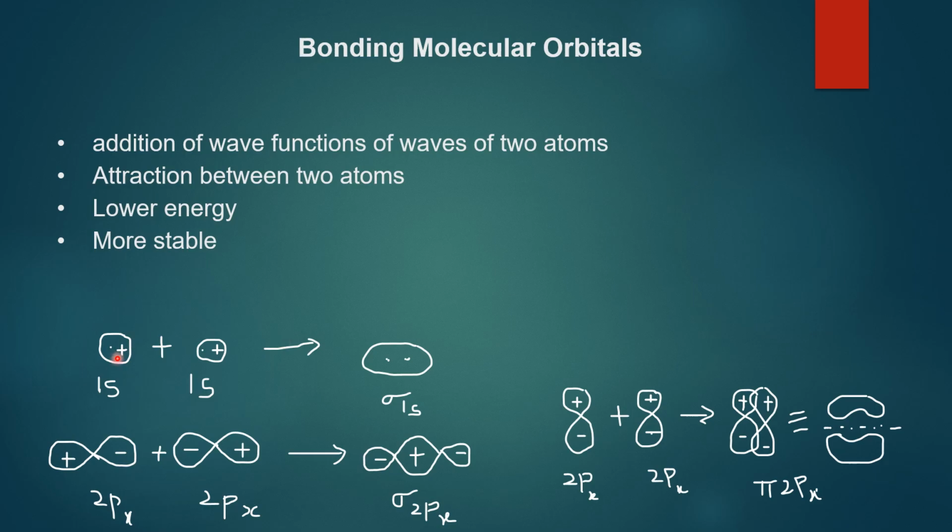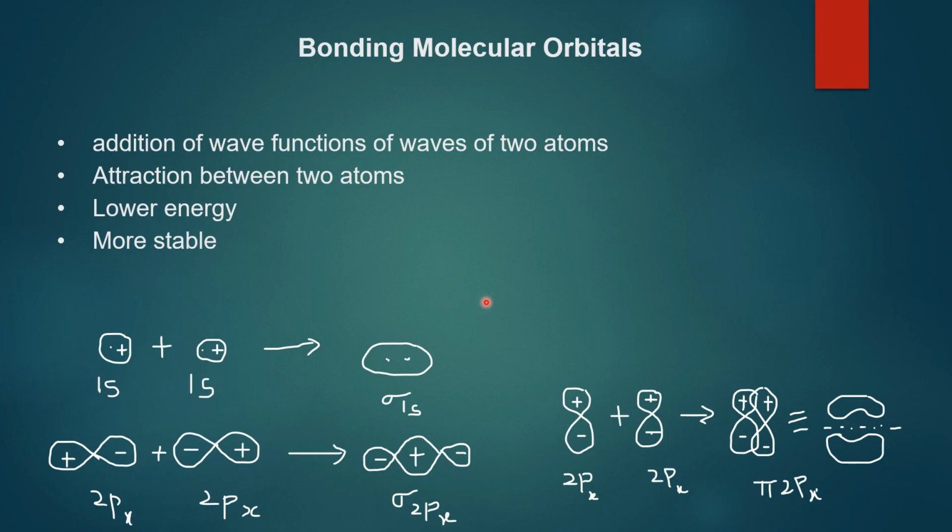The region at which the electron density is maximum is called the overlapped region. In this overlapped region, both signs of the two atomic orbitals must be equal. Look at the third picture. In the third picture, the 2px atomic orbital combines with another 2px orbital.